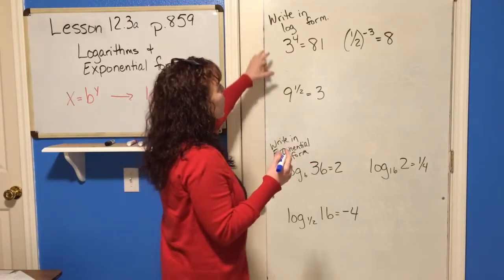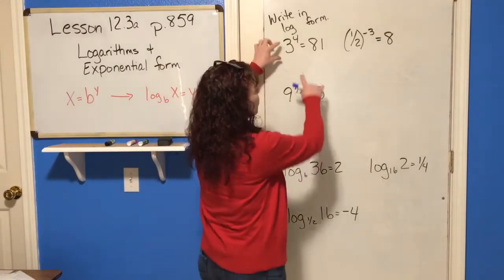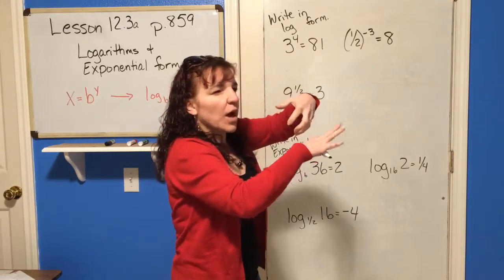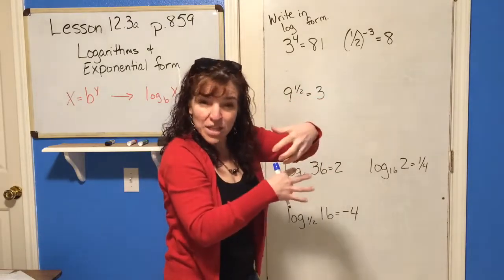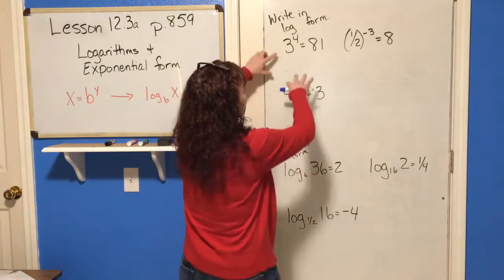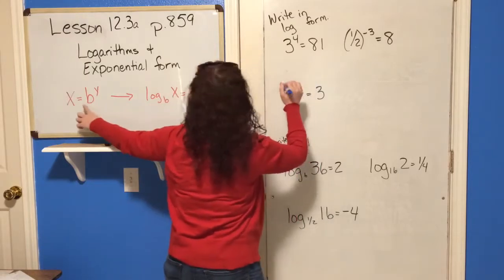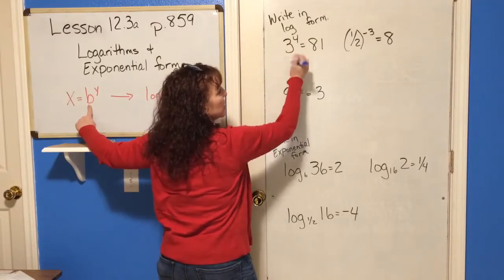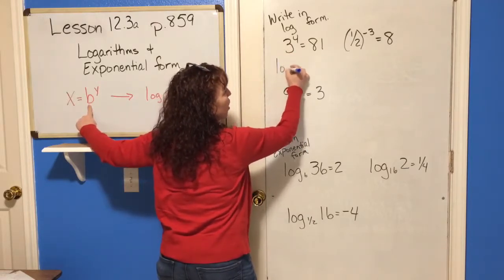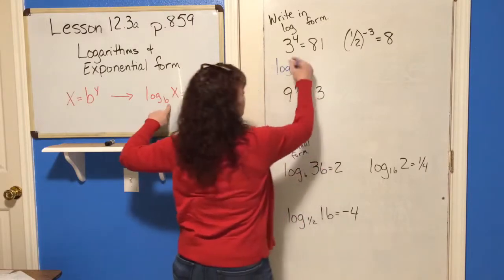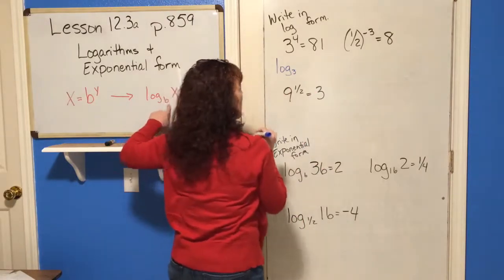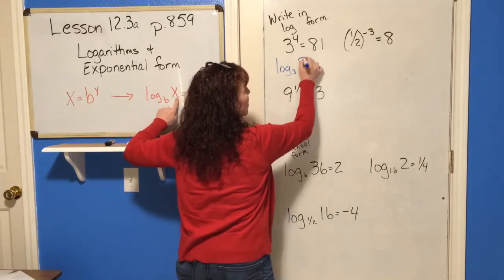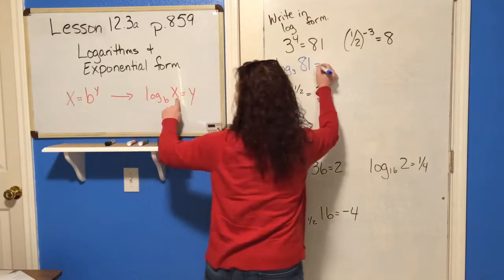We're going to write these exponents in log form to see that log undoes exponents. The base of your exponent is the base of your log. So log base 3 of the answer is going to equal the exponent.